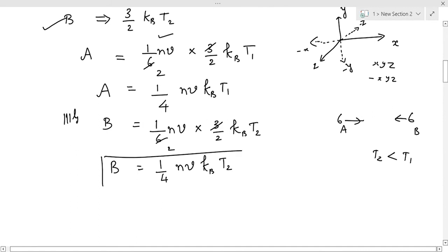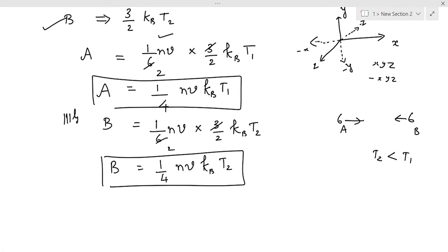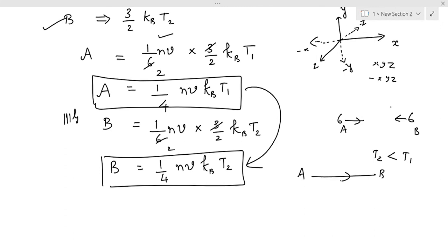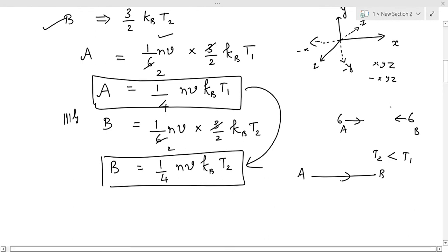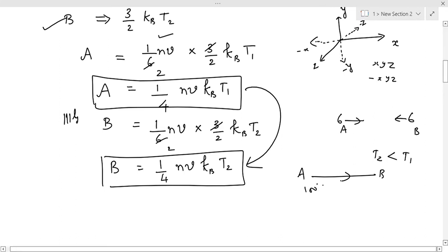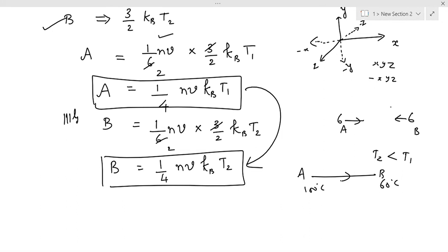So we get two equations here. What is the net heat energy transferred from A, the hot end, towards the cold end B in the metal rod? Just like with a temperature difference, if one end is 100 degrees Celsius and the other is 60 degrees Celsius, the net is 100 minus 60.